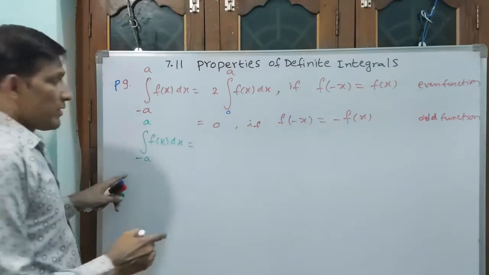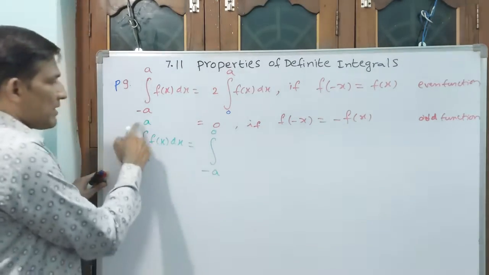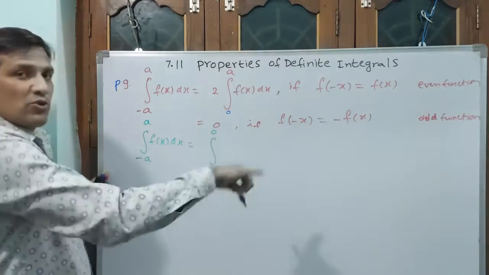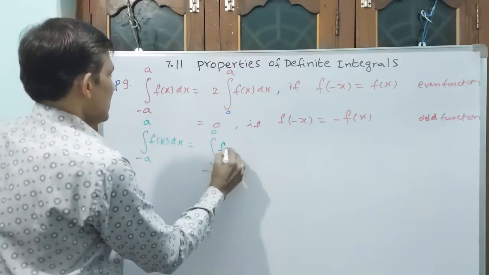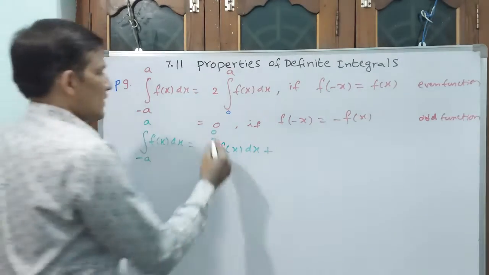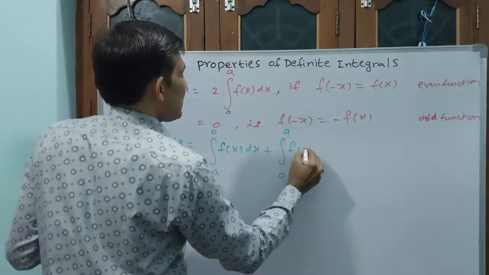Observe carefully. I am writing first minus a to 0. Why? Because in between 0 will come. Here 0 to a is there. Minus a to 0, then 0 to a, both I want to write. f of x dx plus integral 0 to a f of x dx.